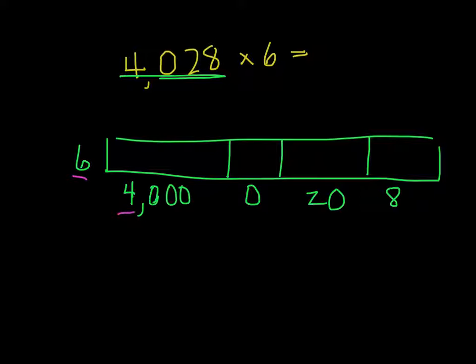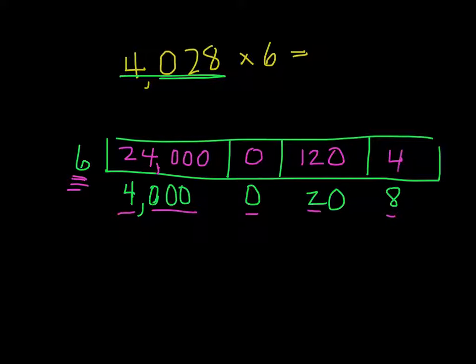So 6 times 4 is 24, and I have 3 zeros from the 4,000, so that's 24,000. Then 6 times 0, we know that anything times 0 is 0. 6 times 2 is 12, plus the 0 from the 20, because we're multiplying 6 times 20 is 120. And then 6 times 8 is 48. We're going to take those partial products and add them all together so that we can get a total product.